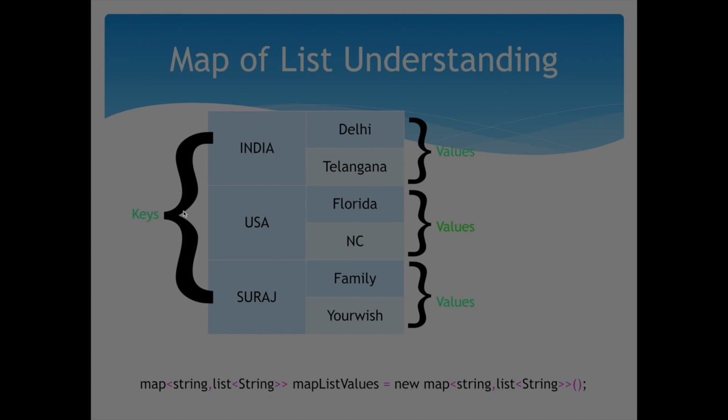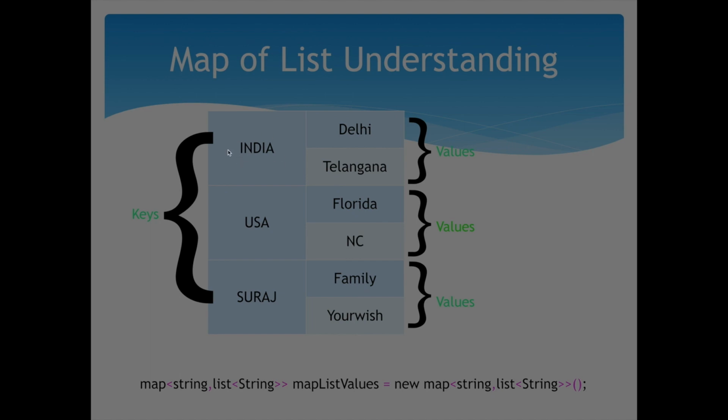So here the keys are India, USA, and obviously my name. India has two different states, Delhi and Telangana, and for USA I added two states, Florida and North Carolina. And for my name I have added some values.